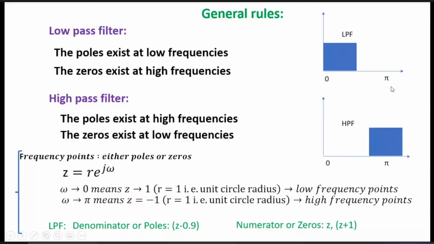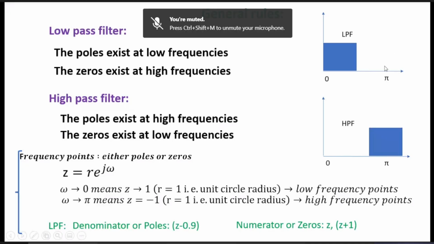So in that case we should have poles at low frequencies, because poles make the system function high. Similarly, zeros should exist at high frequencies, because at high frequency we want low gain. Zeros make the function zero.